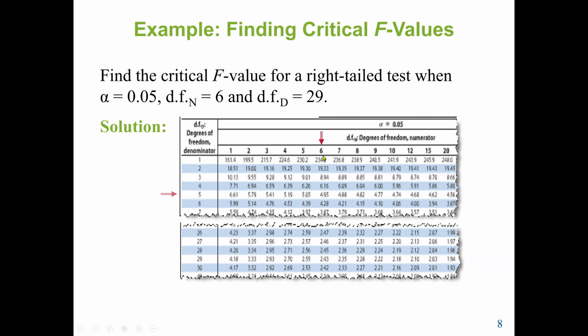Degree of freedom for numerator is 6, degree of freedom for denominator is 29, so it's 2.43. And also the alpha is very important. We are in the area of alpha equal to 0.05. So this means the critical value is F0 equal to 2.43.